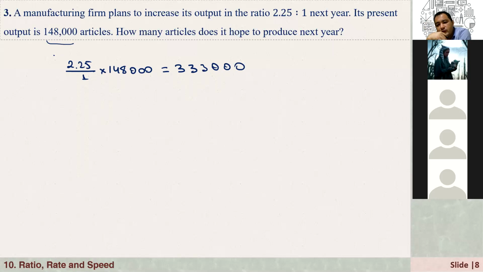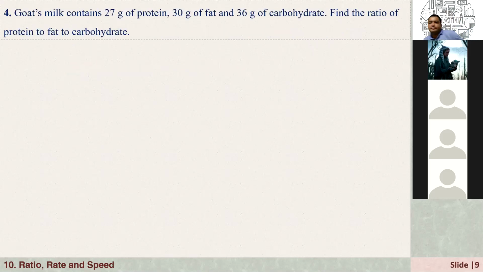Because 148,000 times 2.25 will be more than this, right? I'm going to use the calculator. Good. Okay, next time try not to make any single mistake, okay? Let's move to the next question.